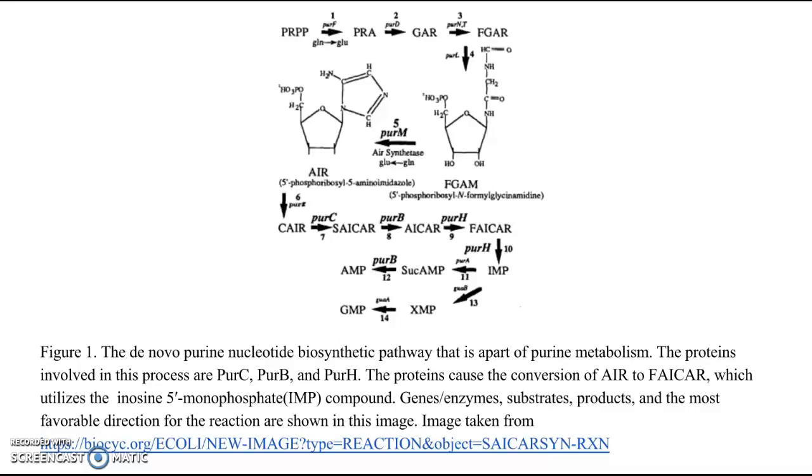And as you can see, the compounds above the arrows are the enzymes that help to convert in this pathway. Overall, this pathway converts the AIR to the final product of FAICAR and aids in purine metabolism.